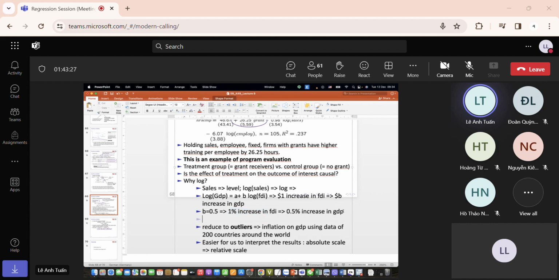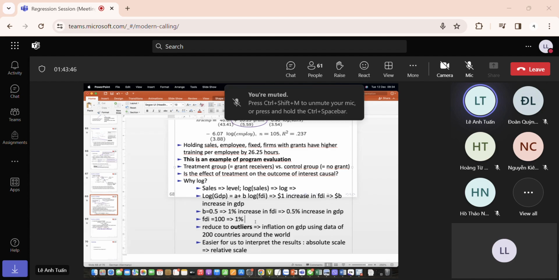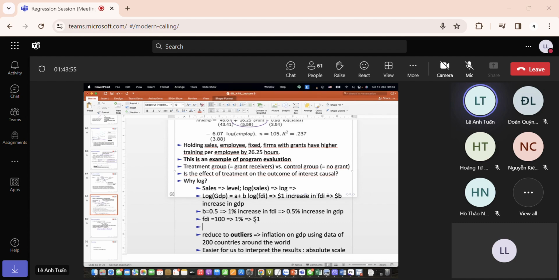That means we understand that a country has an FDI equal to 100, and when you say 1%, it is $1. And another country has an FDI equal to 1,000, and 1% there is about 10, right? 1% of 1,000 is 10.